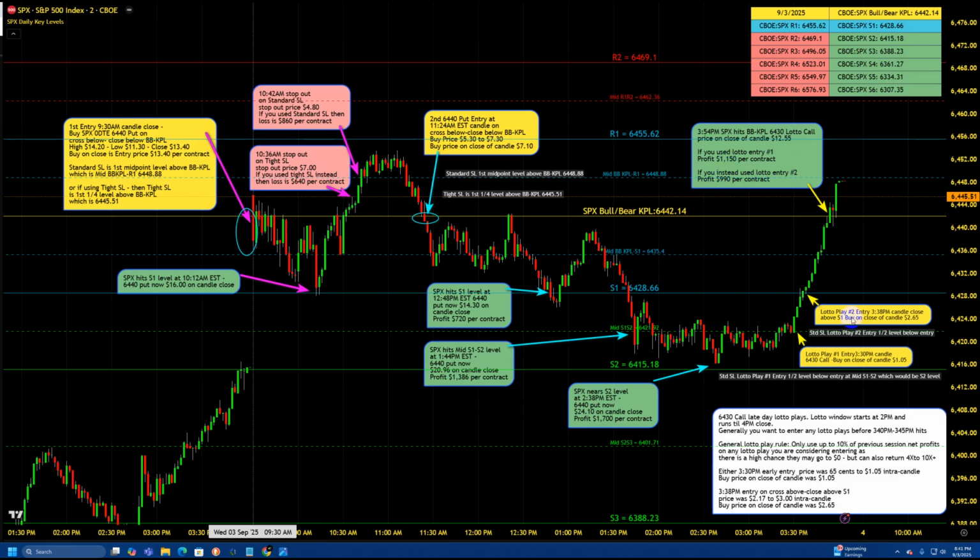If you instead use lotto entry 2 here on this break above the S1, then your profit is $990 per contract. And as you can see here, if you held into the close, we had a move almost up to BBKPLR1, and of course that, as we'll see in the thinkorswim chart here in a second, shot up past $16 here.